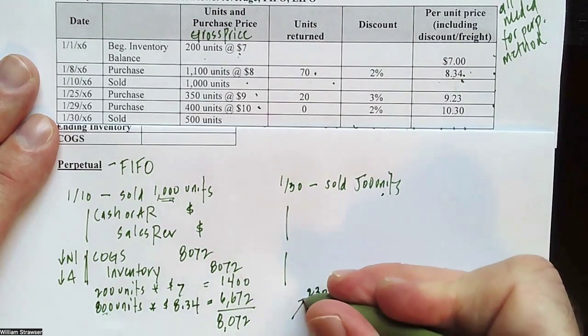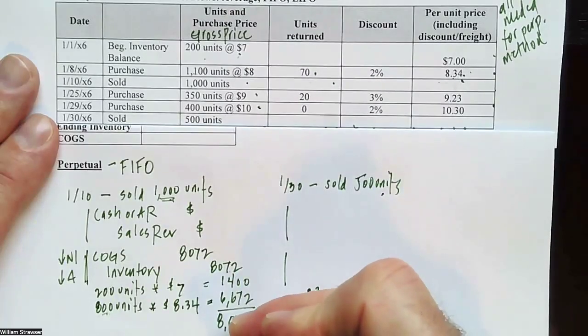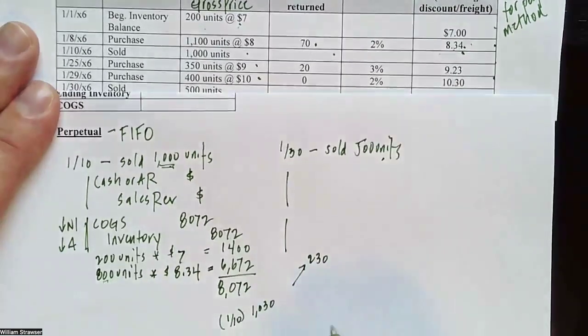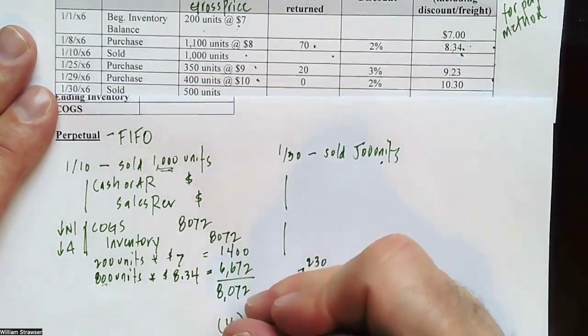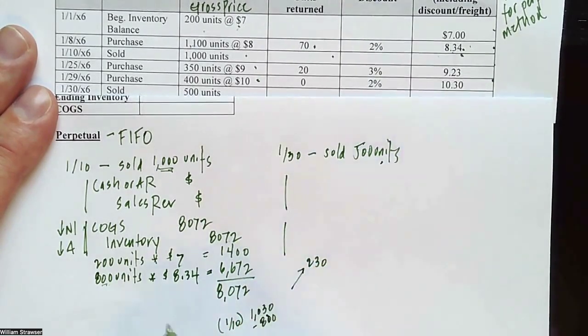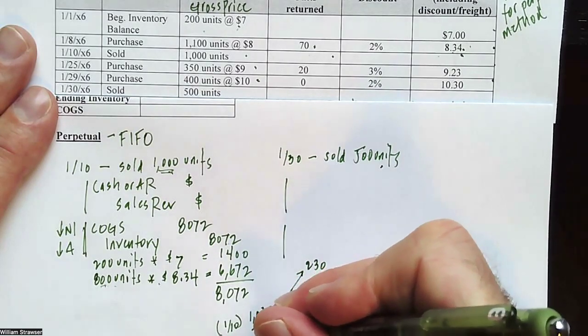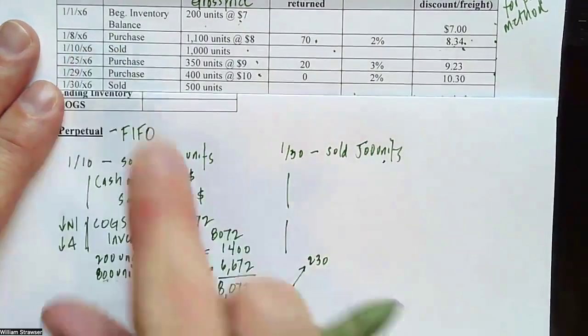And how did I get that? It's the 1,030 from the January 8th purchase that I kept, minus the 800 that I just allocated as sold. And that gives me the 230 at that price point that's still in there. And those are my oldest units because I bought them on January 8th.